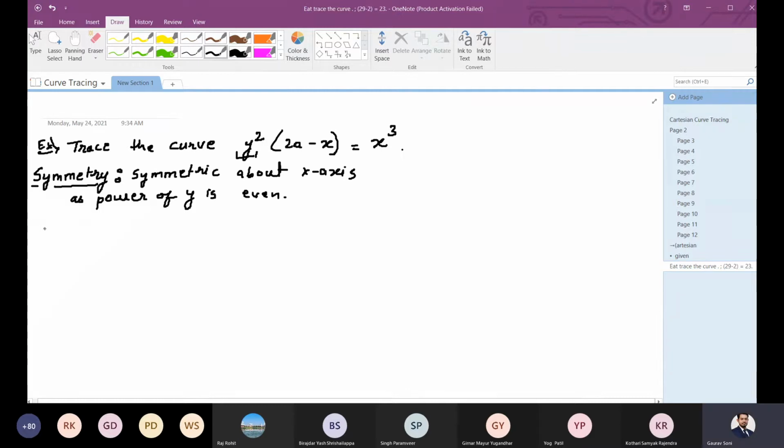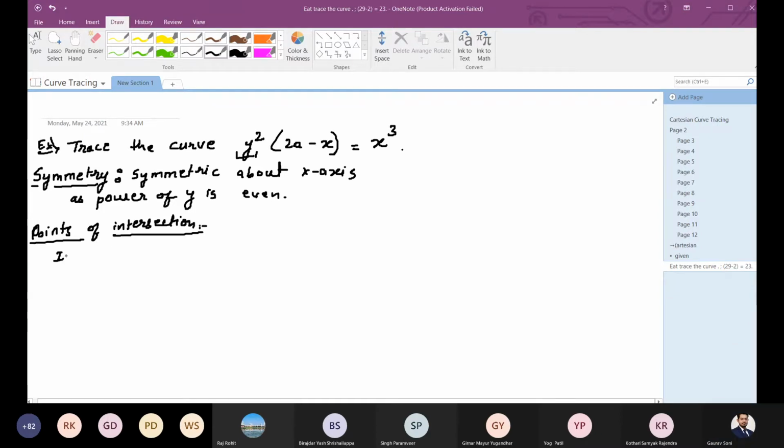Second point is the origin or the points of intersection. In points of intersection, the simple idea is you put one of the variables 0.